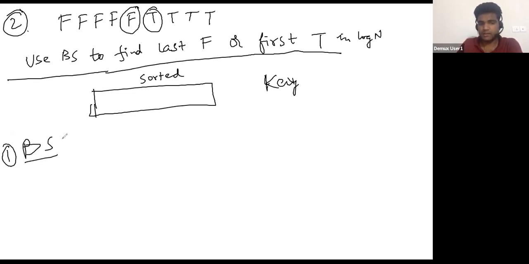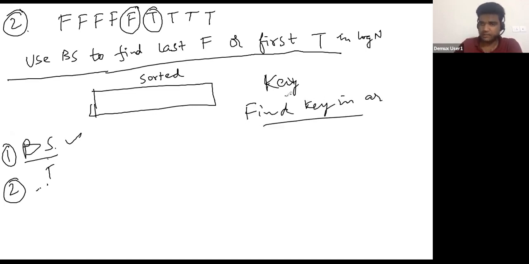That's the first question that I have to answer. And then the second question is, can you come up with a predicate such that you can apply binary search and find that key also? I mean, my question is find this key in this array. How will we approach it? Just hear me out. How will we approach it?